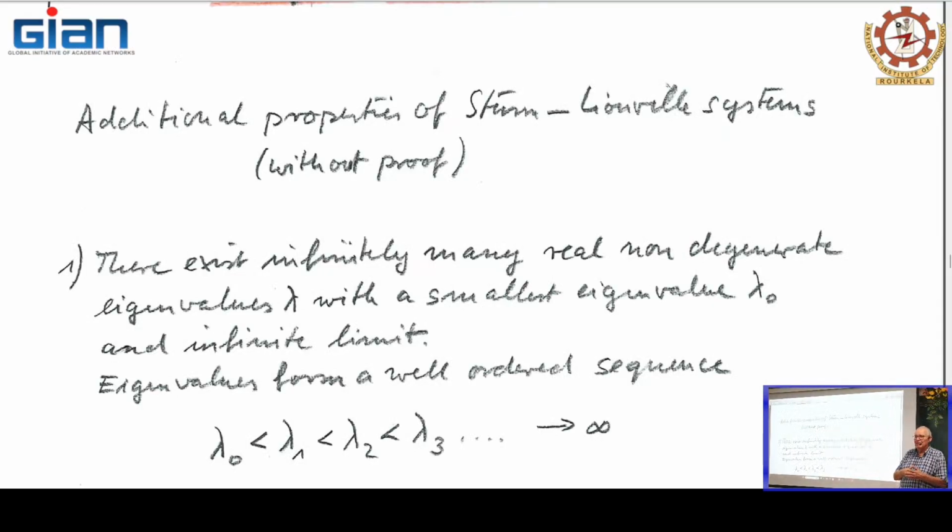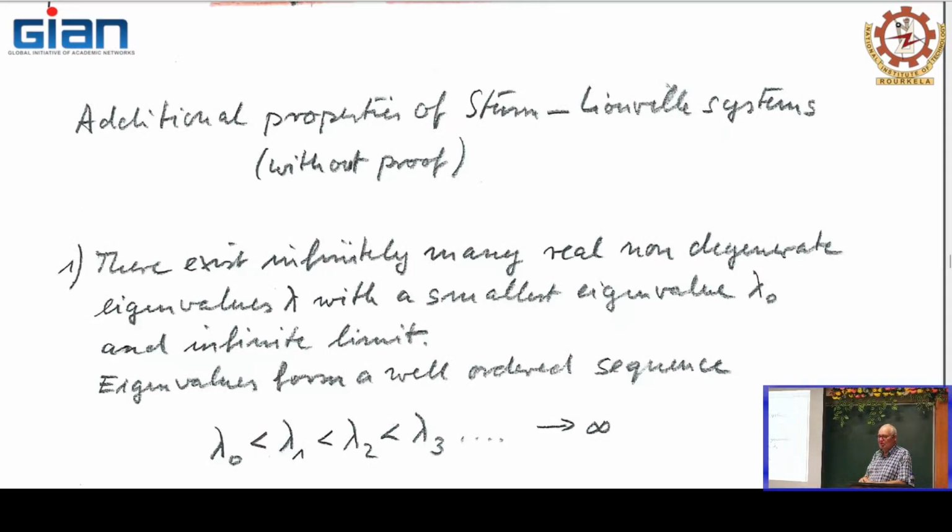So the accumulation point of the eigenvalues is infinity, and there is a lower bound, the smallest eigenvalue lambda 0. Moreover, the eigenvalues can be put in a countable sequence, arranged according to their order. The lowest eigenvalue is lambda 0, next higher lambda 1, smaller than lambda 2, smaller than lambda 3, and so on up to infinity. So this is a well-ordered scheme of eigenvalues.